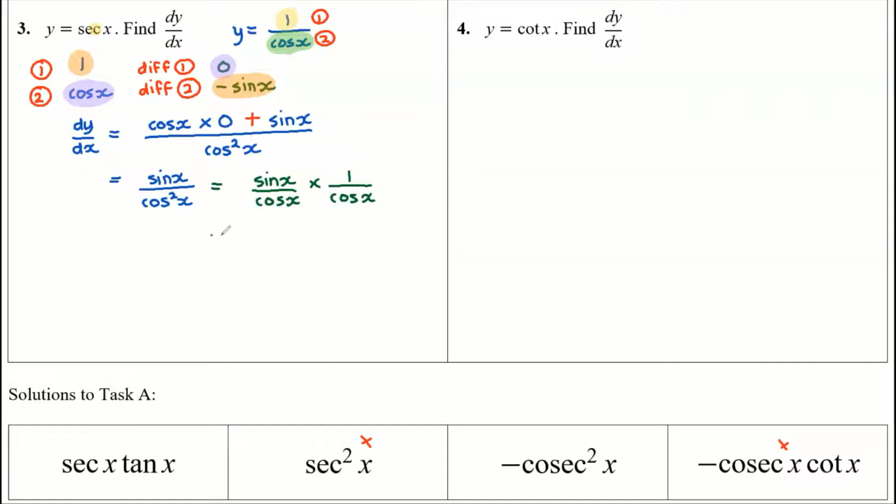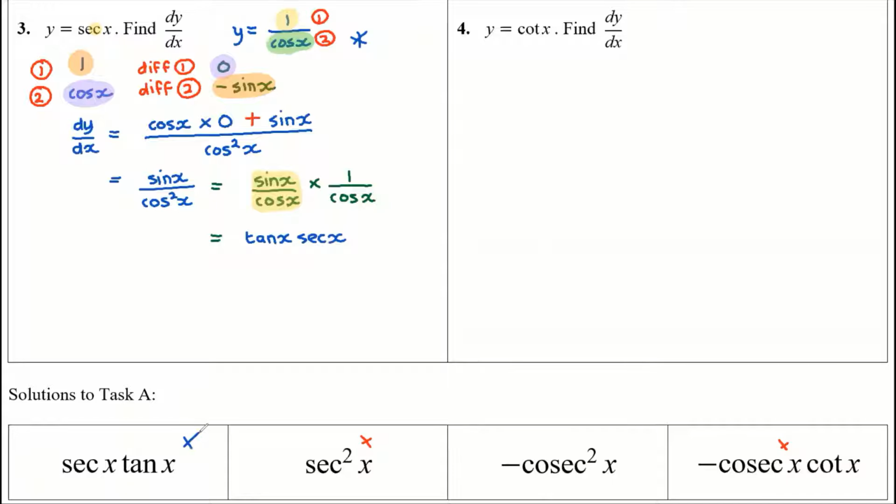So there we have our answer. The first part is tan x, which should give it away. I've written it the other way around, but it doesn't matter. Multiplied by 1 over cosine as defined up here, which is sec x. Doesn't matter which way around you write it. Great.